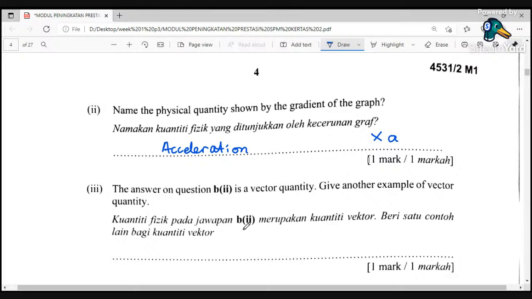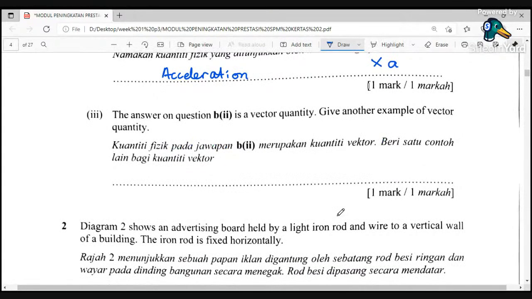Answer on question B2 is a vector quantity. Give another example of vector quantity. Okay, banyak vector quantity. You just state one, because 1 mark only. Give one example. Okay, there are so many.